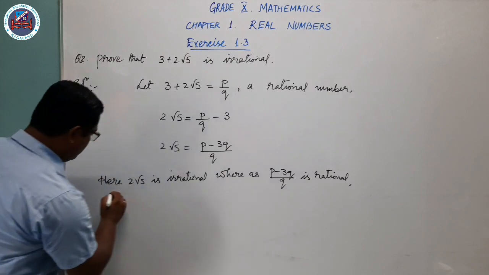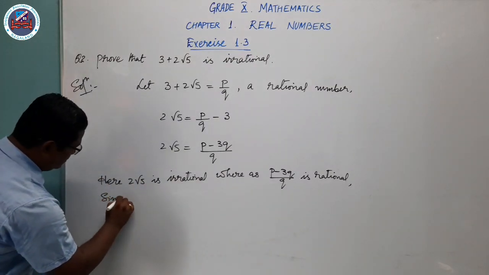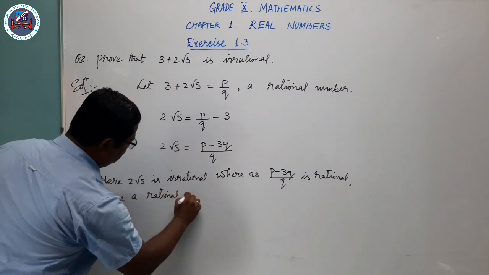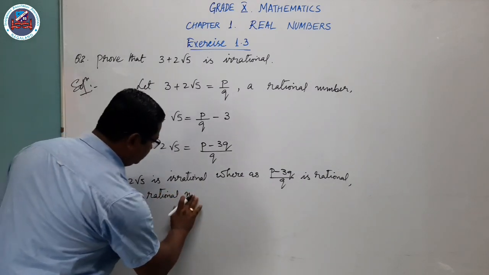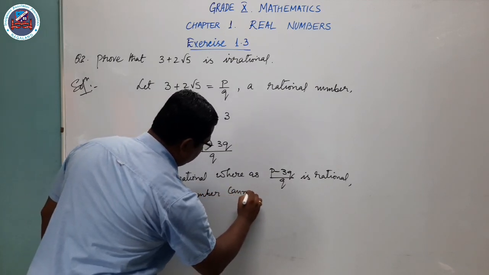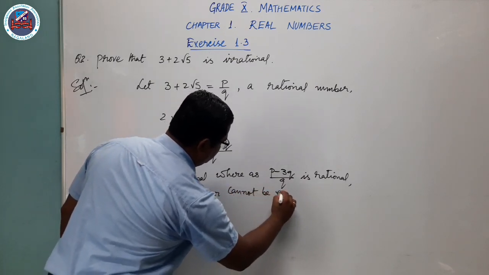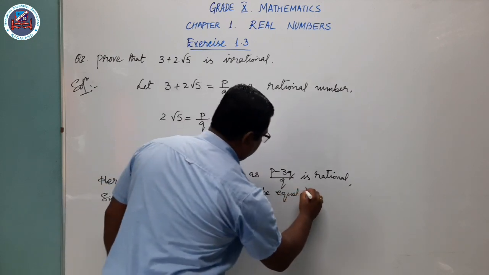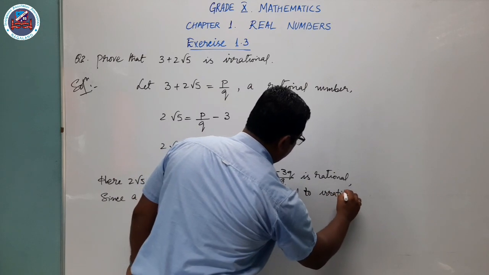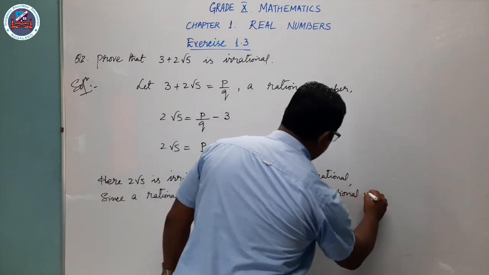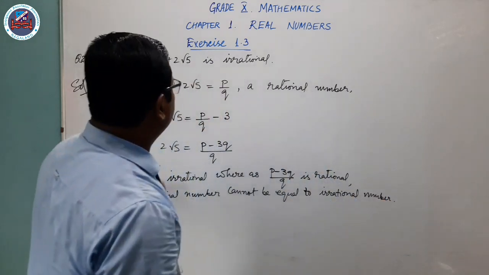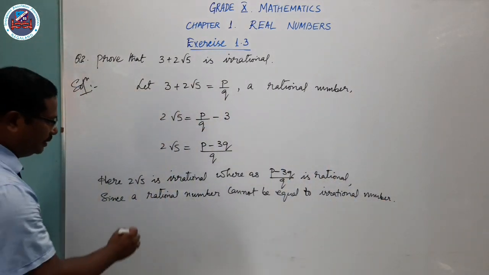Since a rational number cannot be equal to irrational number, this contradicts our assumption.